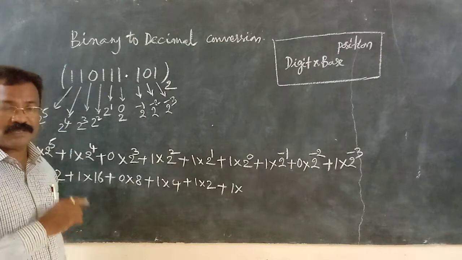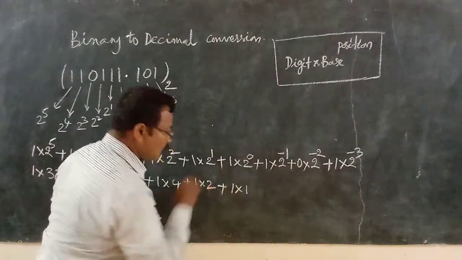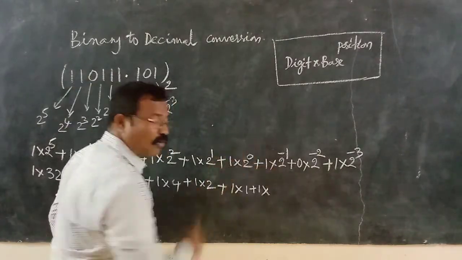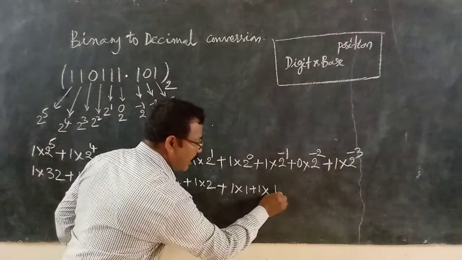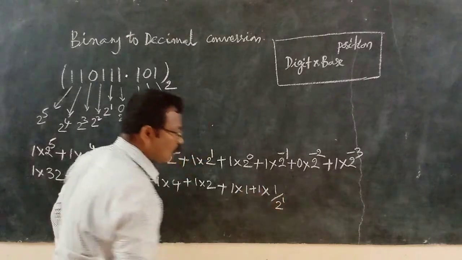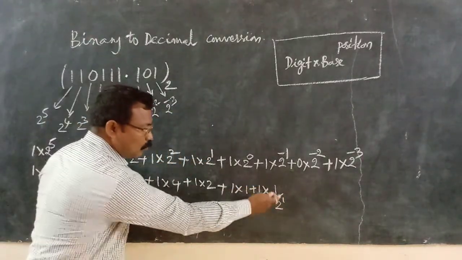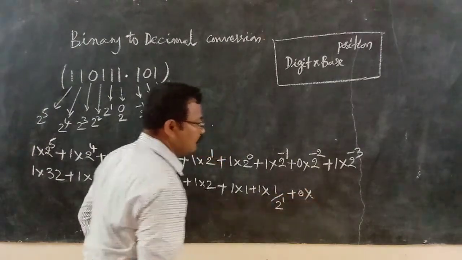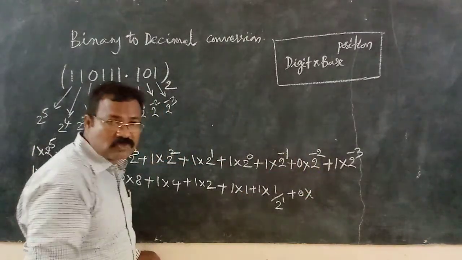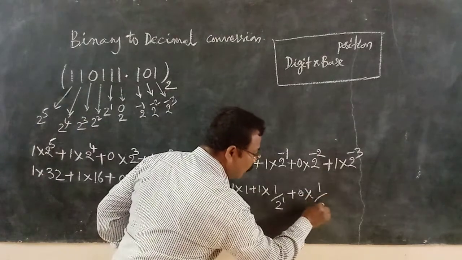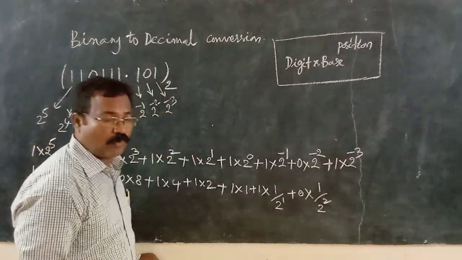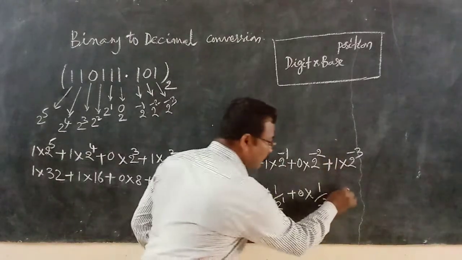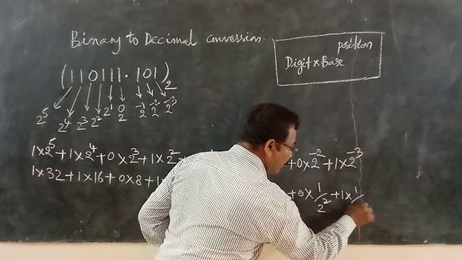Anything to the power of 0 is 1. Plus 1 into 2 to the power of minus 1 can be written as 1 by 2 to the power of 1. Plus 0 into 2 to the power of minus 2 can be written as 1 by 2 to the power of 2. Plus 2 to the power of minus 3 can be written as 1 by 2 to the power of 3.